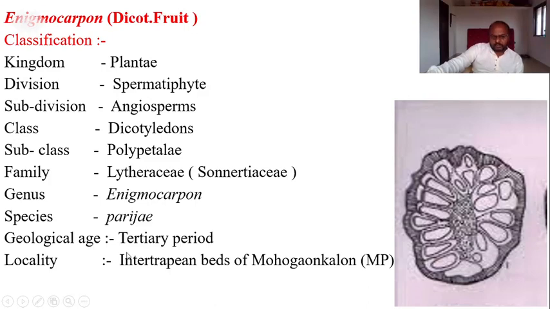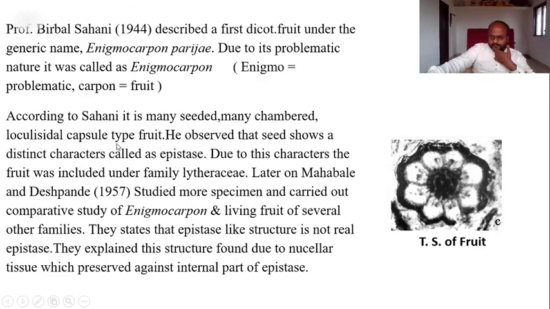This is a recent fruit, its geological age is the Tertiary period, and the locality is that this Enigmocarpon was found in the Intertrappean beds of Mohgaon Kalan in MP, India. That means this is an Indian fossil specimen. Professor Birbal Sahni in 1944 first described this dicot fruit under the name Enigmocarpon parizii.